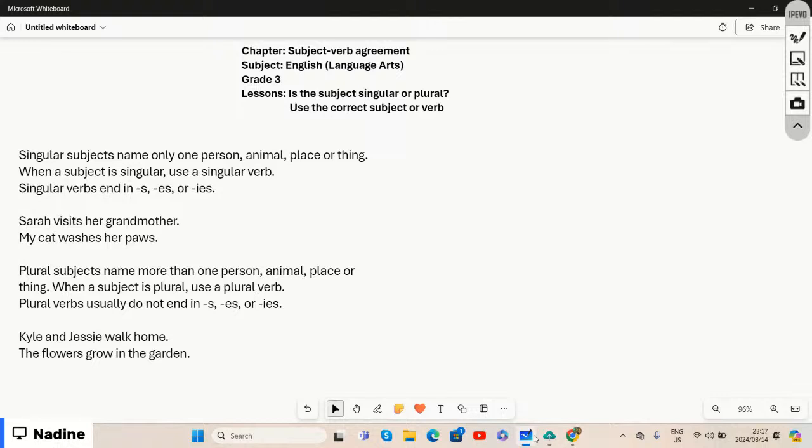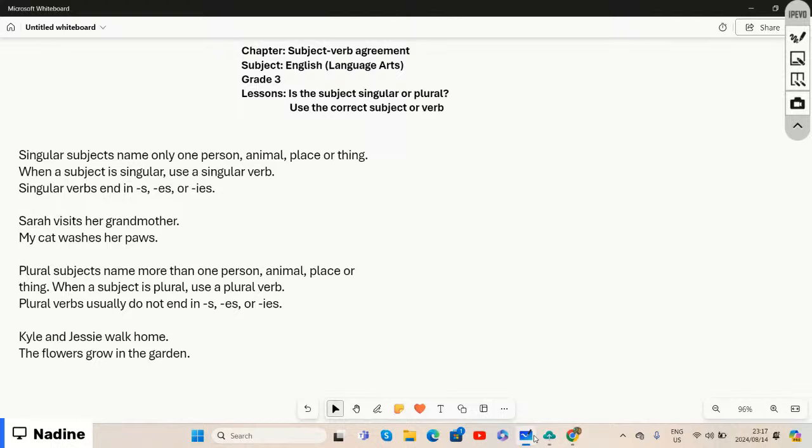And it means that grow is our verb without the s, without the es, or without ies, because our verb agrees with our subject. So this is basically subject verb agreement where we have singular subjects and plural subjects.